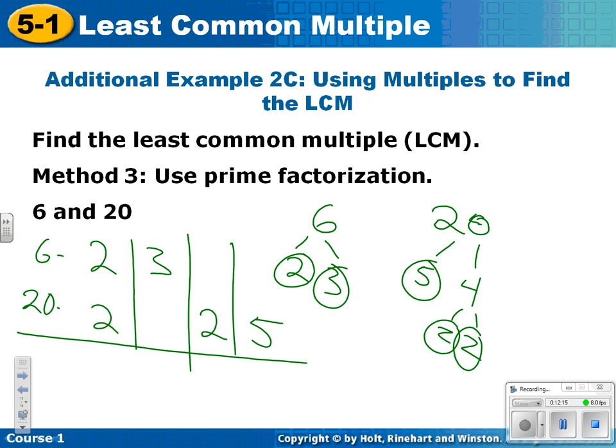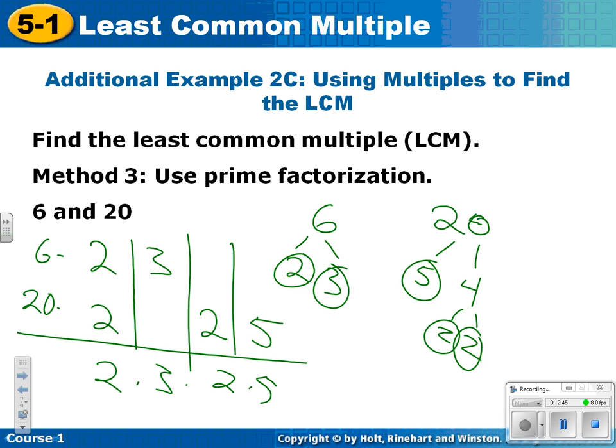You set it up the same. The reason I had you set it up before break was for this reason, because I wanted you to know how to set it up. Because watch. Before, in order to find the greatest common factor, we would have just done the columns that are full, and our greatest common factor here would have been 2. Well, for multiple, we just use all the columns, whether they're full or not. 2, 3, 2, 5.